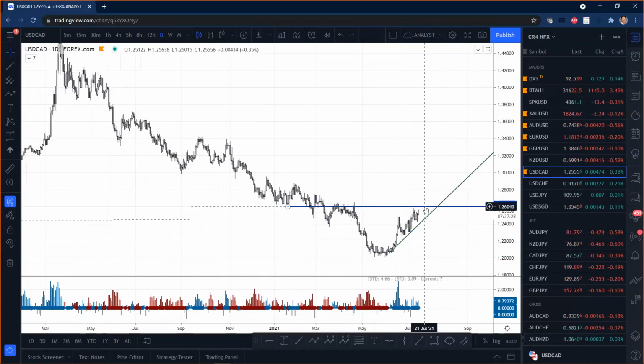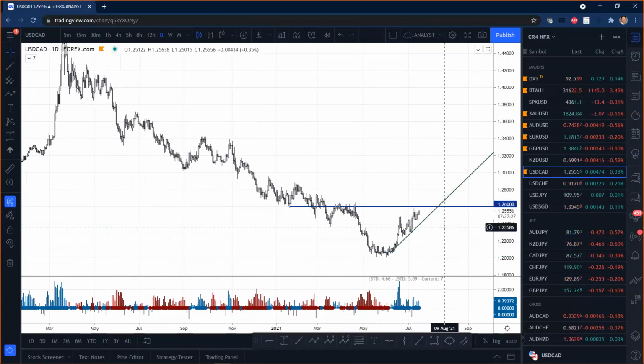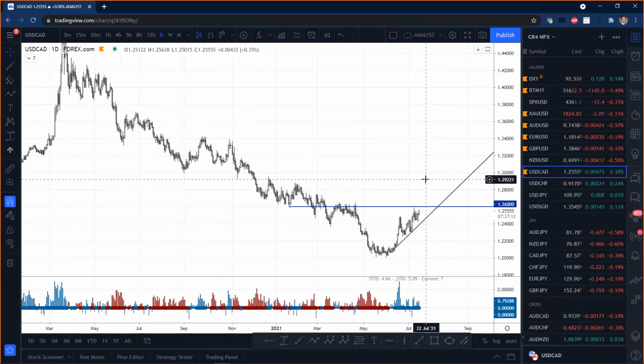That 126 level, if we are able to break that, then the markets have the potential of continuing to go higher. And on any pullbacks against that trend line, that's something to consider. Okay. And of course, auto climate is telling us overall as well that you probably want to keep a bullish stance.